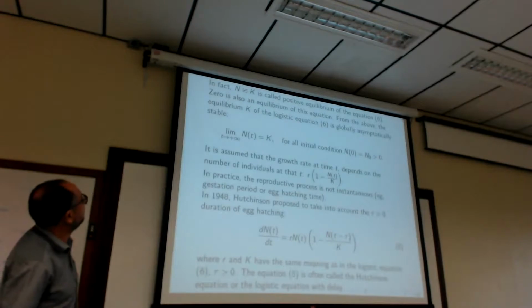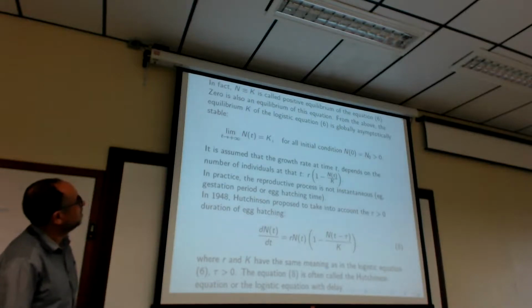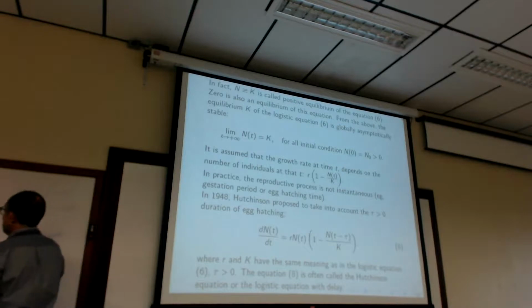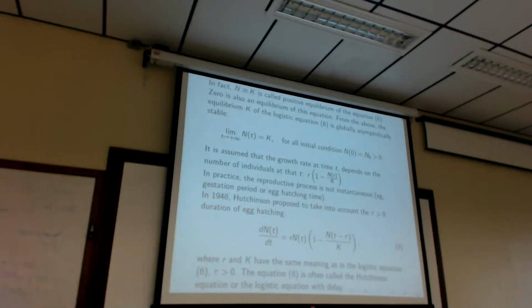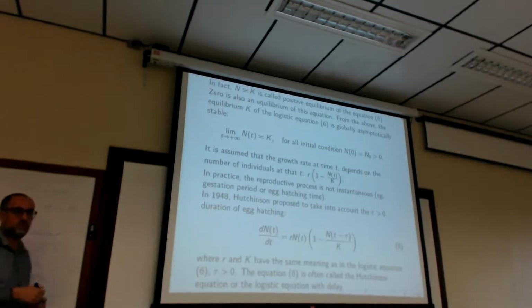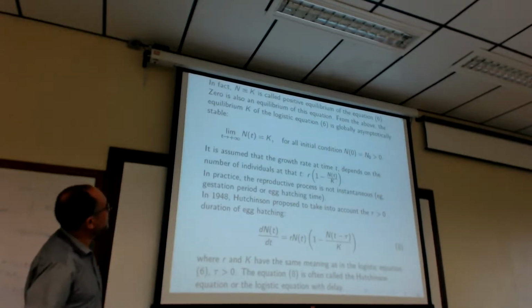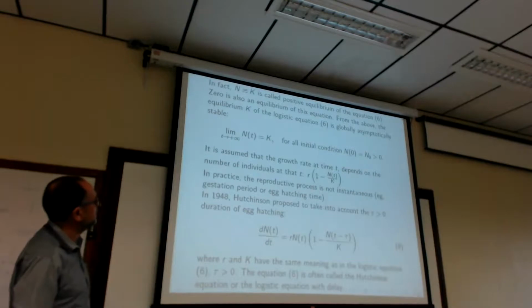In fact, this equilibrium k, which is the positive equilibrium, is globally stable. What does globally stable mean? You can take the initial condition positive as you like, and everywhere you will go to this steady state. Then we say that this steady state is globally asymptotically stable.